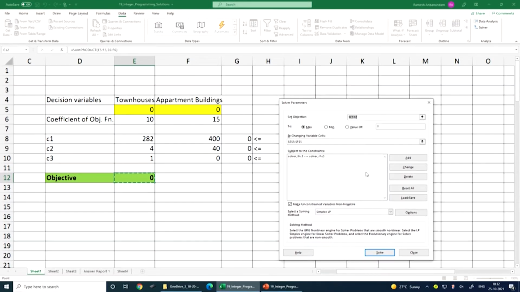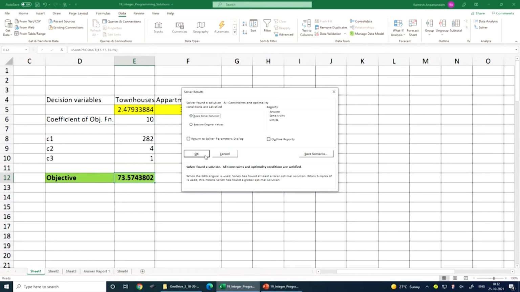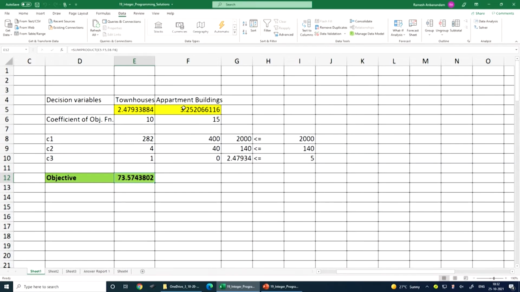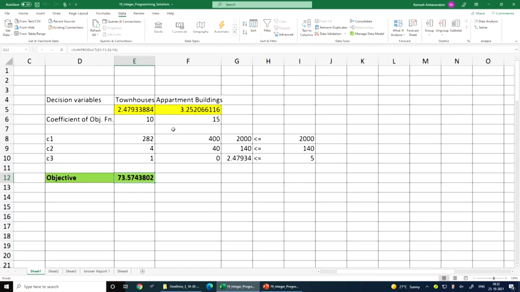When I solve it, you see the number of townhouses is 2.47 and the number of apartment buildings is 3.25. It is impractical to implement this, because the number of houses cannot be a fraction, and the objective function is 73.57.